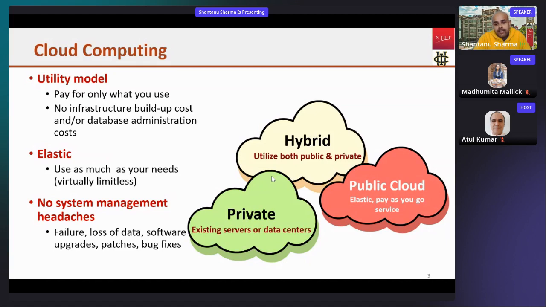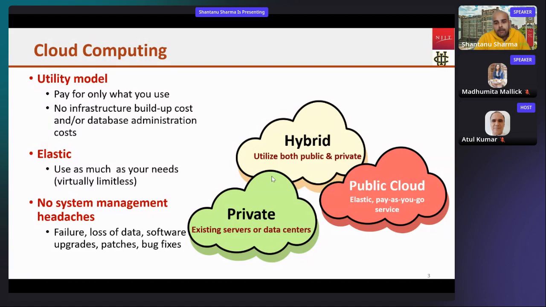Generally, we can categorize the cloud as public cloud. Amazon, Microsoft, IBM provide public clouds, and we use these clouds very frequently. Private cloud, like our university-based system or office system, is kept internally without any outsider access to that system.